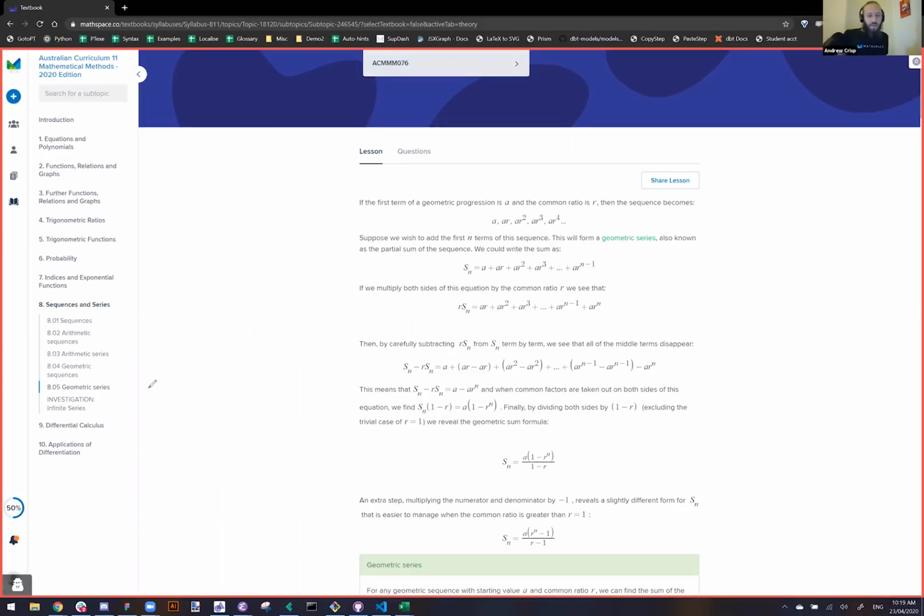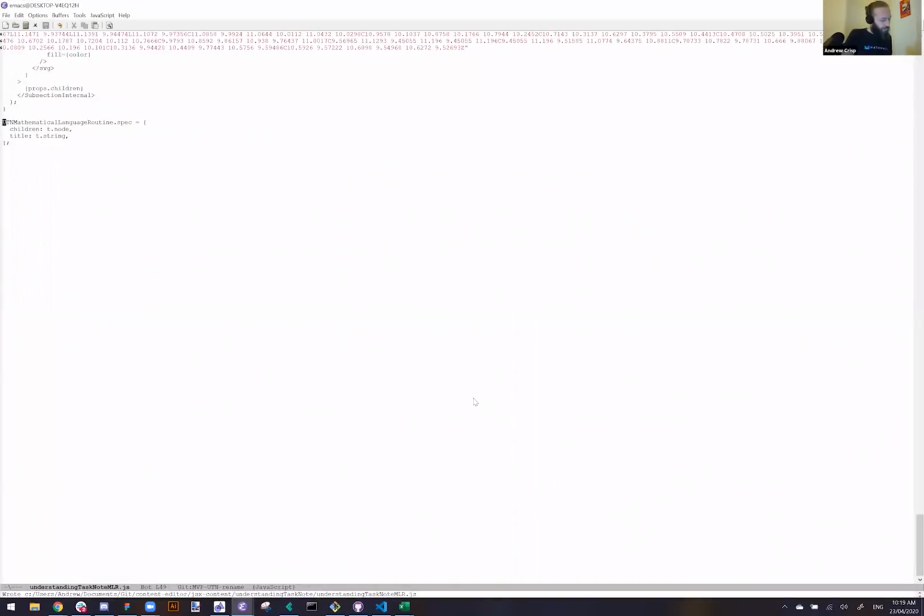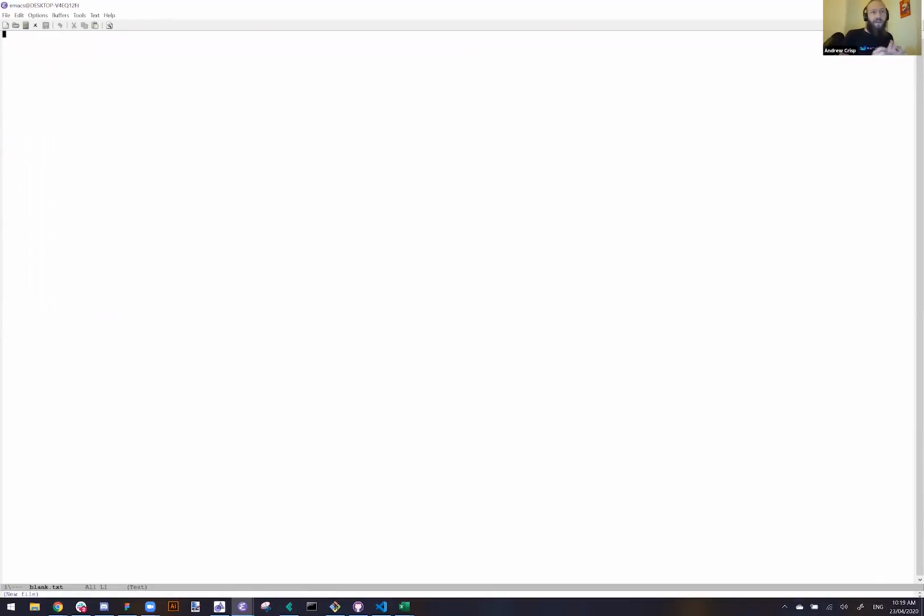I'll tell you what, I'm just going to load up my text editor so that I can have a white page. Something bigger. Yeah, I just want a blank page. So let's take a look at.